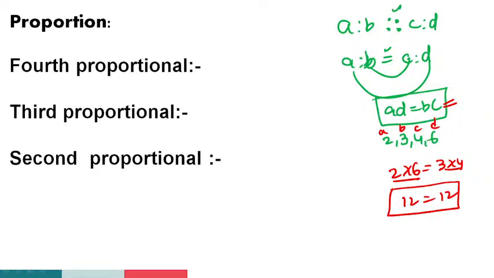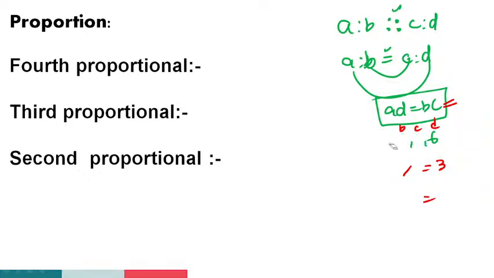So proportion means two ratios are equal. 12 is equal to 12, it is a proportion. For example, 12 is equal to 10. Is it a proportion? No, it is not a proportion. Just remember, guys, only the formation.